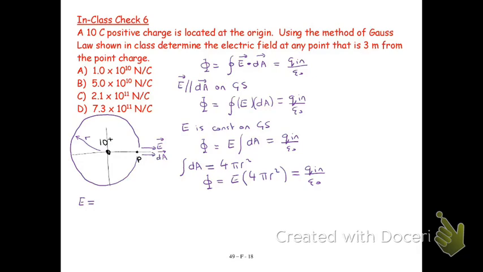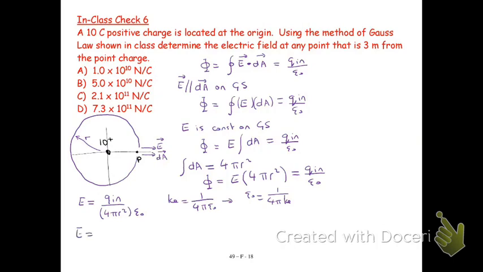E is equal to Q in over 4 pi r squared times epsilon naught. And if I remember, oh, Ke is equal to 1 over 4 pi epsilon naught, which gives that epsilon naught is equal to 1 over 4 pi Ke.